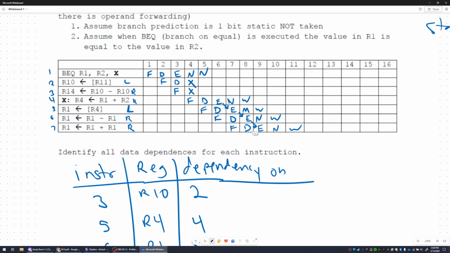Oh, why don't I miss everything? Oh, here, and then after mem we can exec, no op, write back, and we have to stall here.